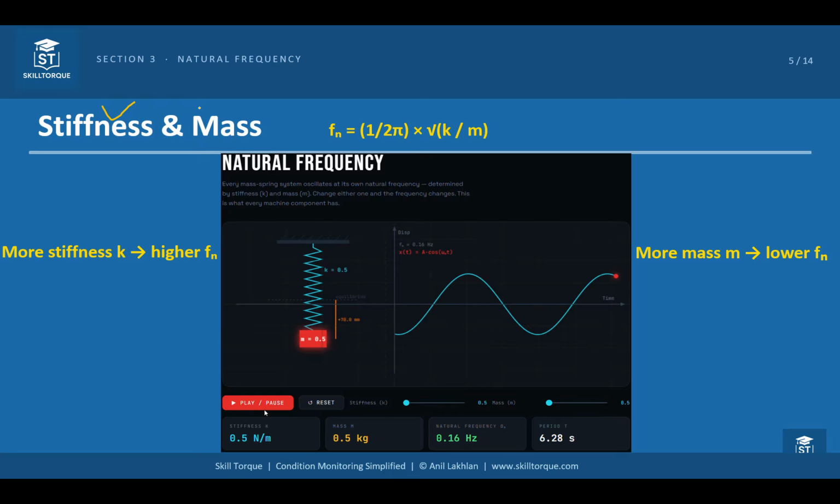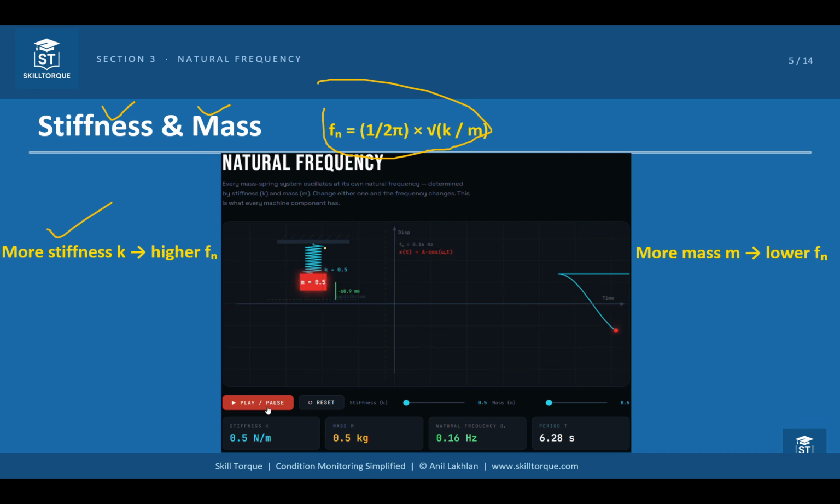The formula is very simple and straightforward: natural frequency depends on two things. What are those two things? One is the stiffness and the second is the mass. If I increase the stiffness, that means a higher natural frequency. If I add more mass, it lowers the natural frequency, right?